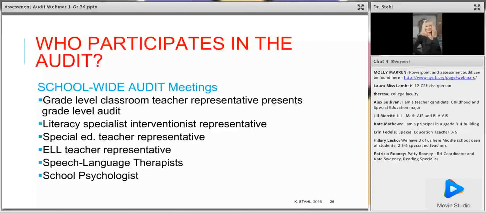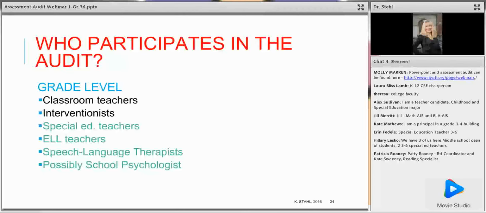And after the grade level has completed their audit, in our next meeting on March 30th, we will be going into the very, very nitty-gritty details of what this grade level audit actually looks like and doing it at a grade level. So if you're a school principal, after the March 30th session, you will be able to know how to direct your teachers and how to conduct this individually and what process to engage in at the grade level.